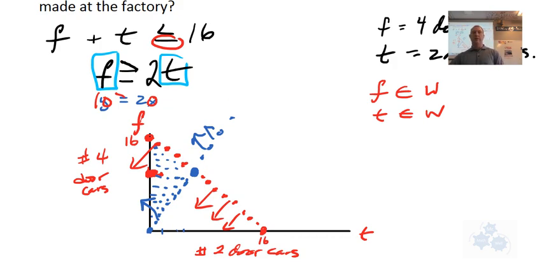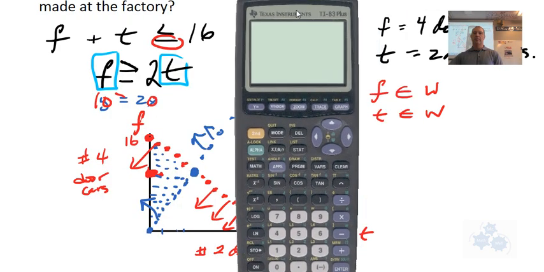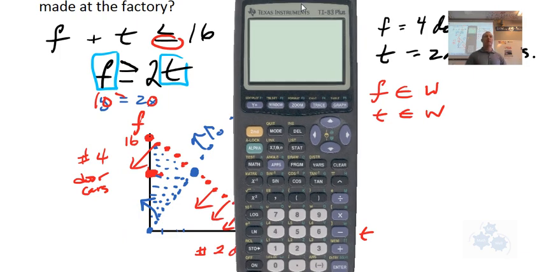One of the ways you could do this is get on the graphing calculator. You guys can use a graphing calculator for this, especially to find intersection points, because that's going to be important. So let me show you how to do that again. On your graphing calculator, you want to get to your y equals screen, and I'll maybe hand these out in a bit. You want to put these equations in.